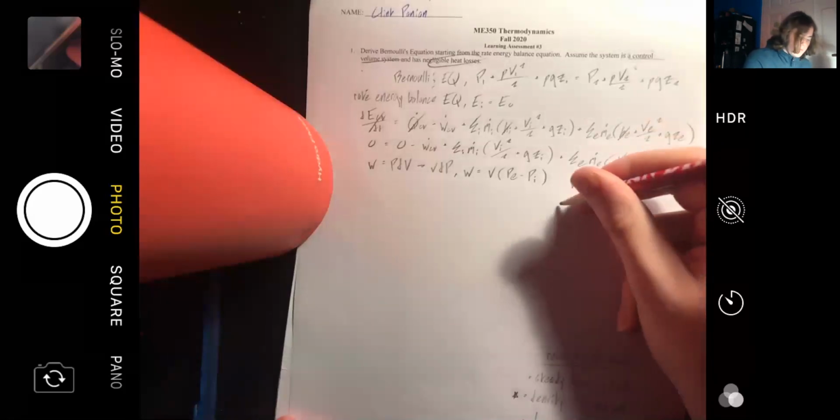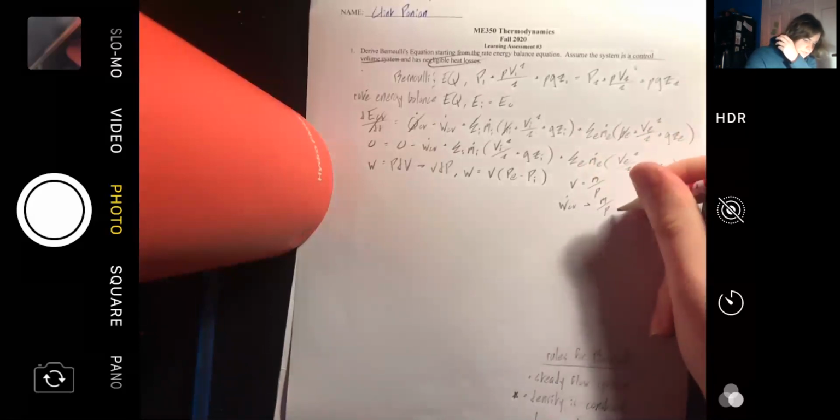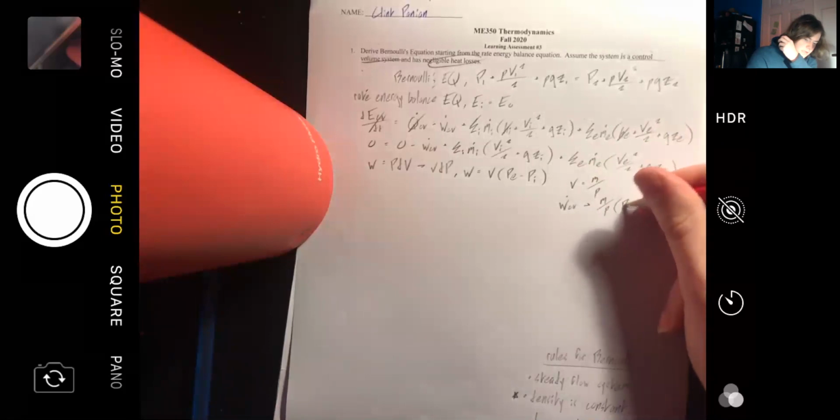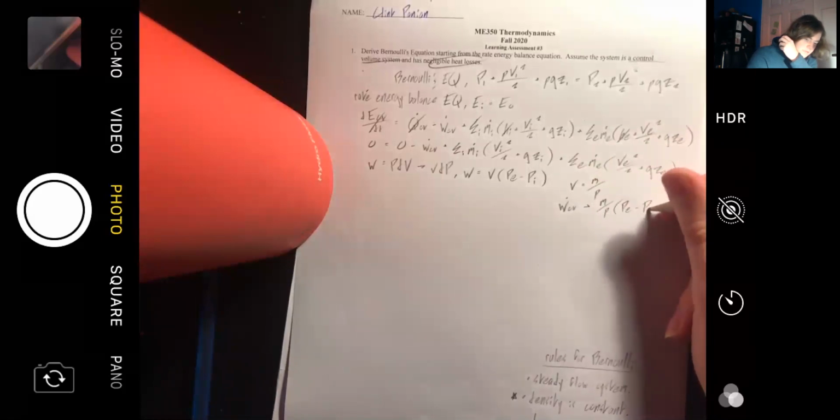So when we redistribute everything, work dot CV becomes mass over density times P exit minus P inlet.